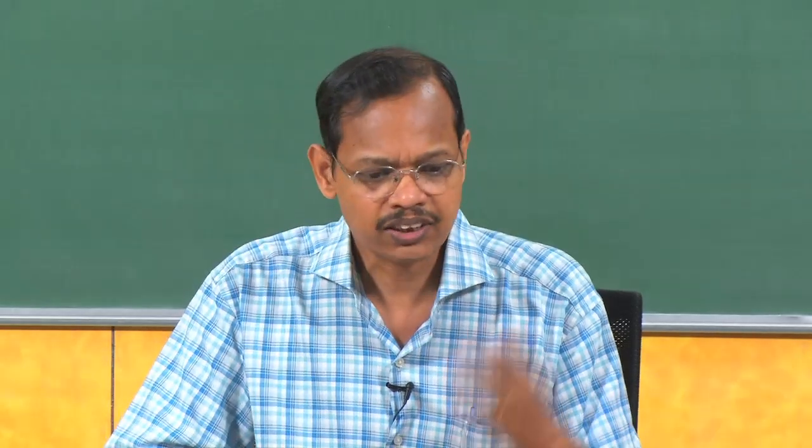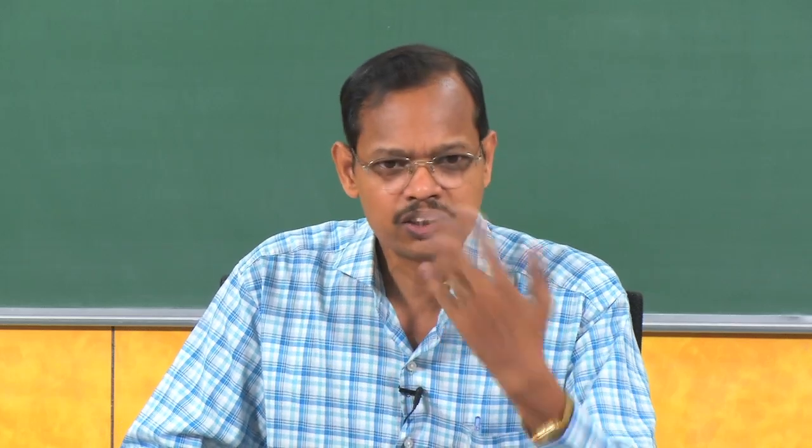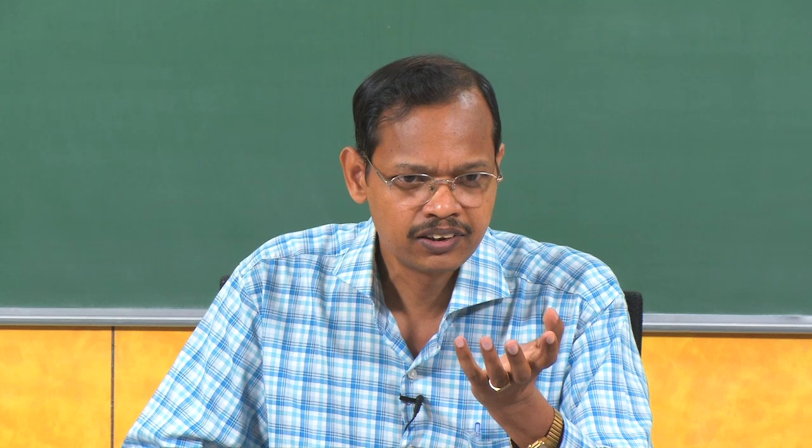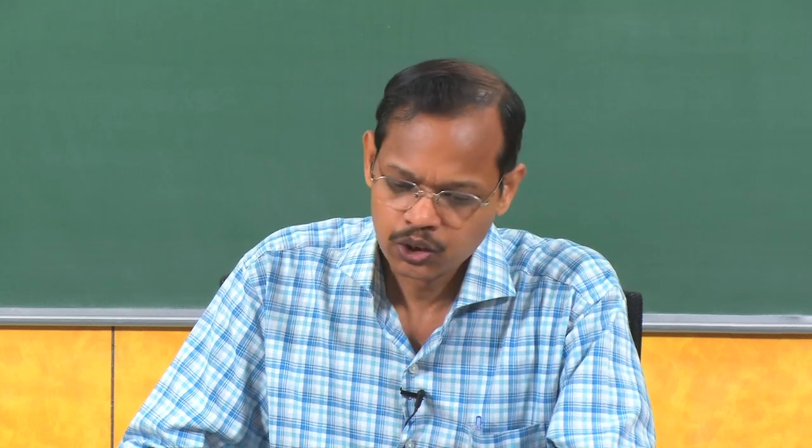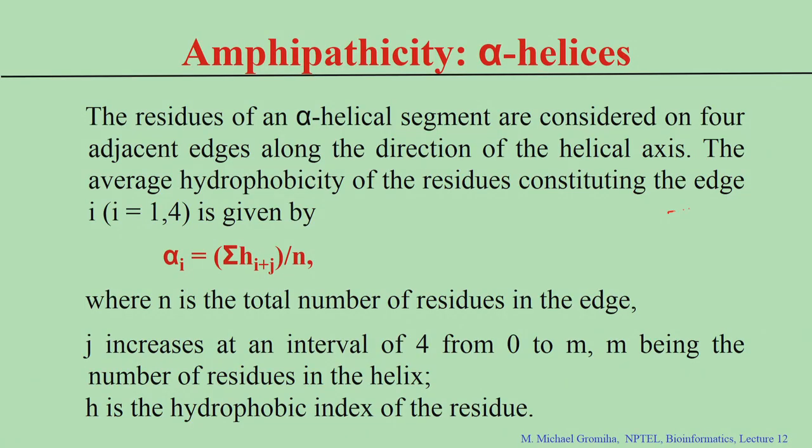How to do this? For example, if you take an alpha helical segment, how many residues per turn? 3.6 residues per turn. So, if you have a helix, we start from here. So, one turn is up to here, this way and this way.